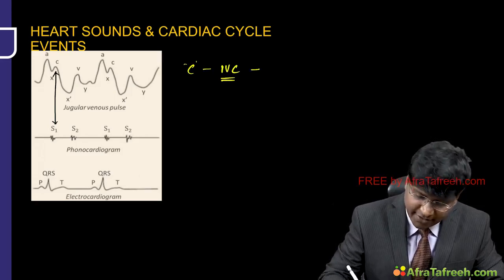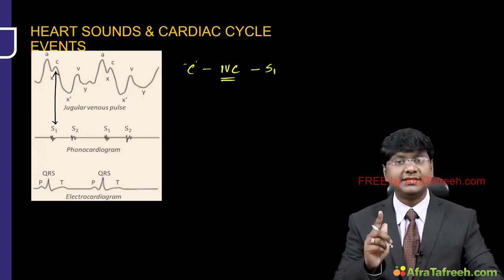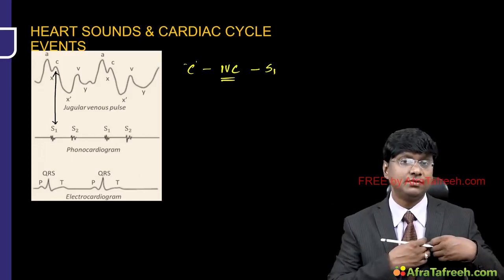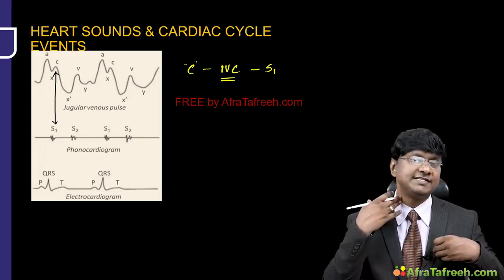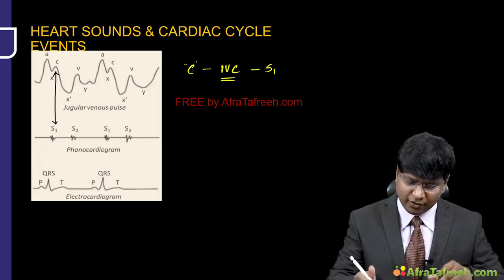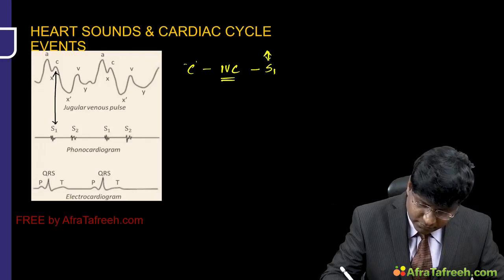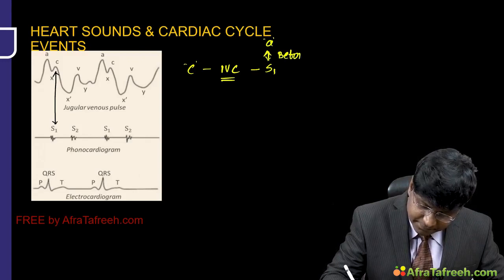And during isovolumetric contraction phase, you will listen to the first heart sound. That means whenever you are listening to the first heart sound, the wave you are seeing is a C wave, and just before the first heart sound, you get the A wave. Right?